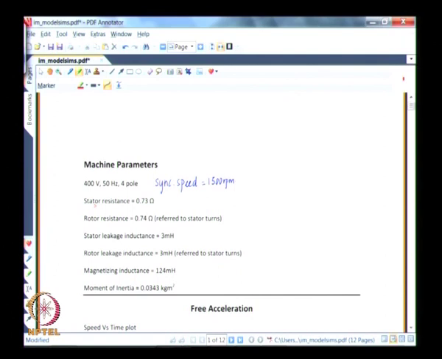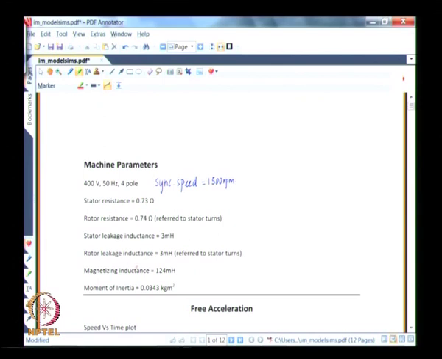The stator resistance of the machine is known. The rotor resistance of the machine is also known as 0.74 ohms. It is referred to the stator turns. The stator leakage inductance is given, rotor leakage inductance referred to stator turns is given. The value of Lm, that is magnetizing inductance, is given, and moment of inertia is given.